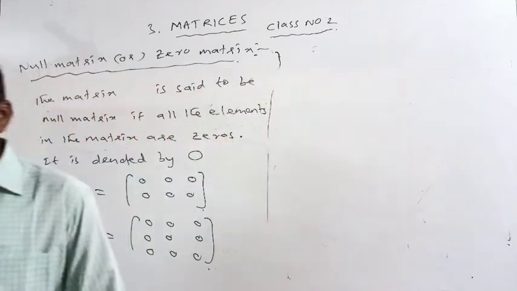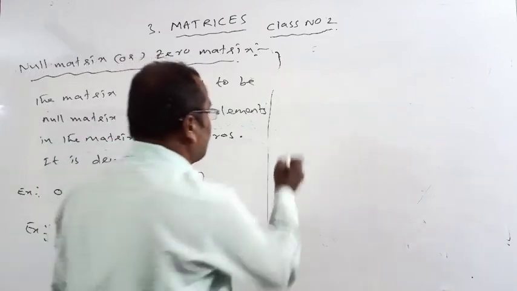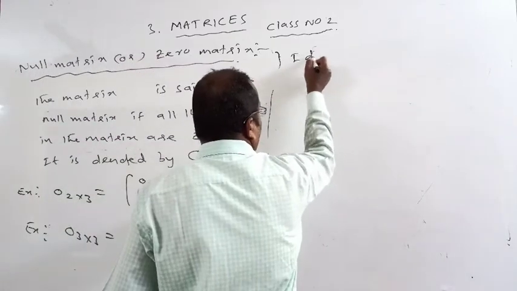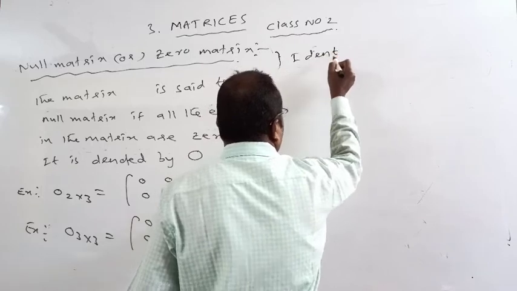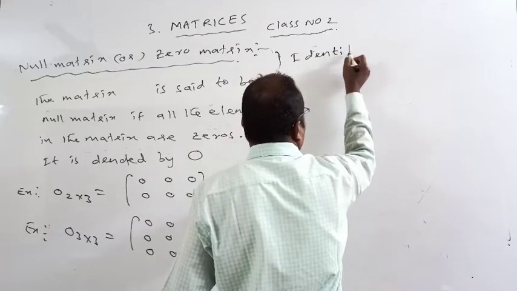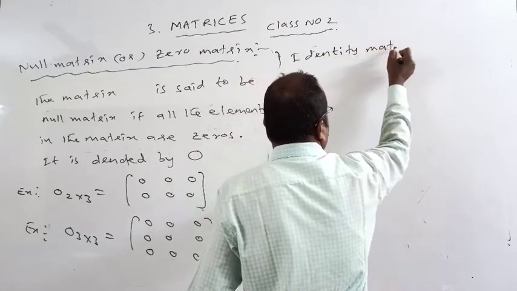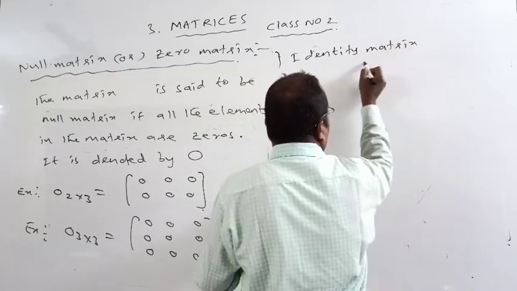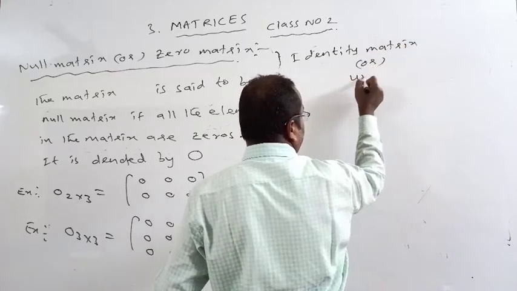Next one is identity matrix, or you can say unit matrix.